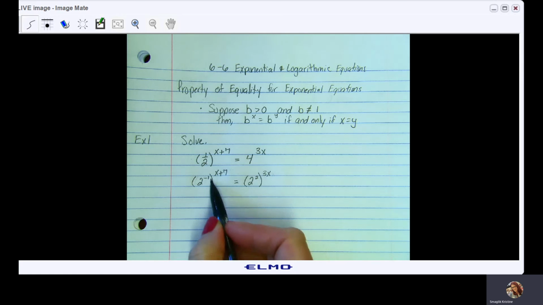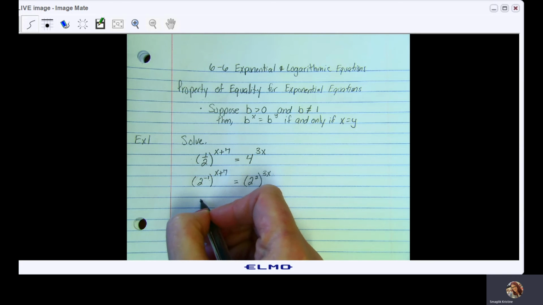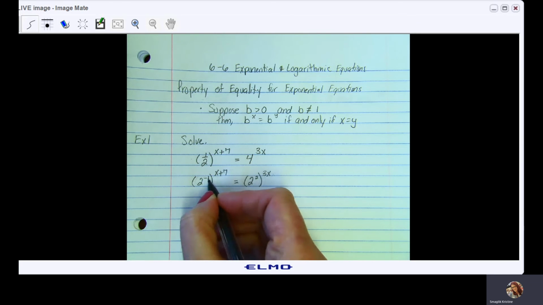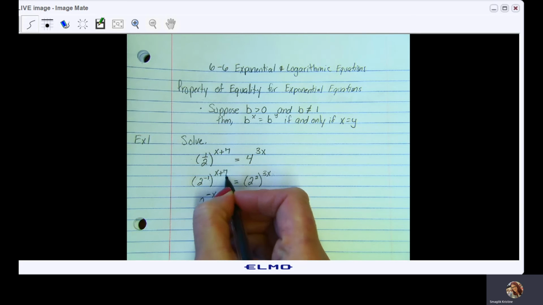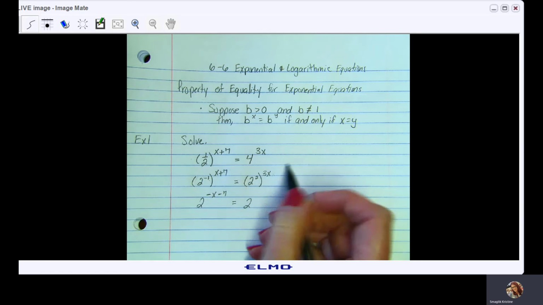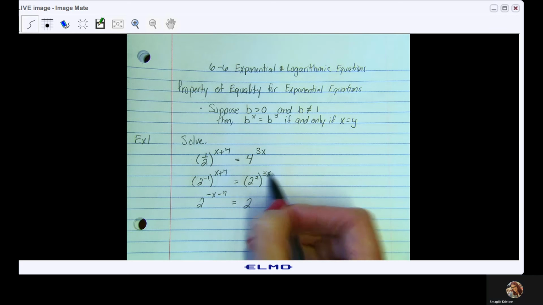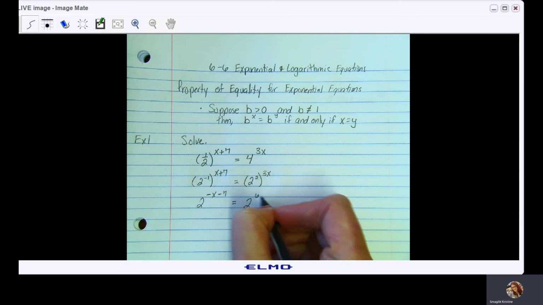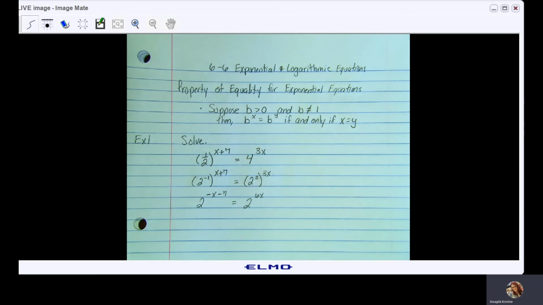Now I'm going to use my power of a power property and multiply my exponents. So this is 2 raised to the negative 1 times x, which is negative x, negative 1 times 7 is negative 7, equals 2 raised to the 2 times 3x, which is 6x.